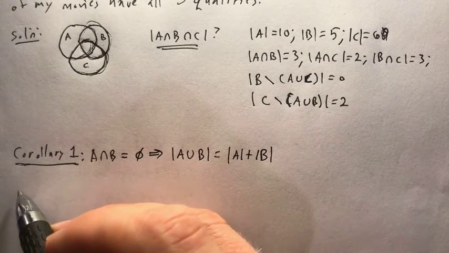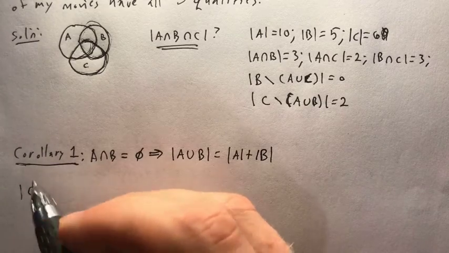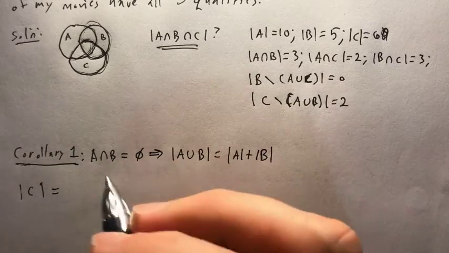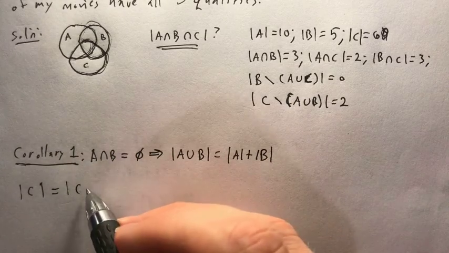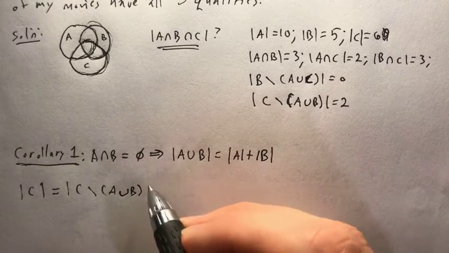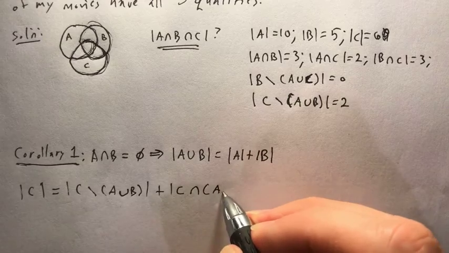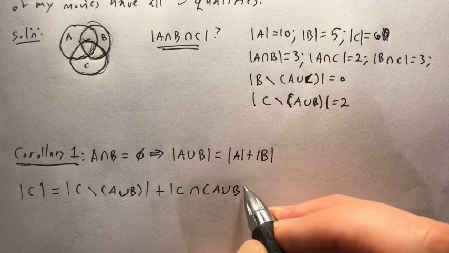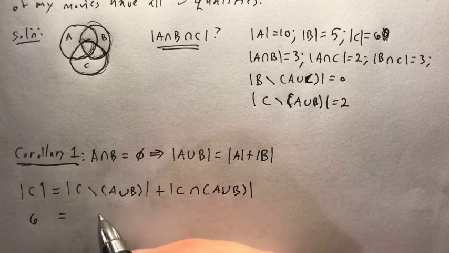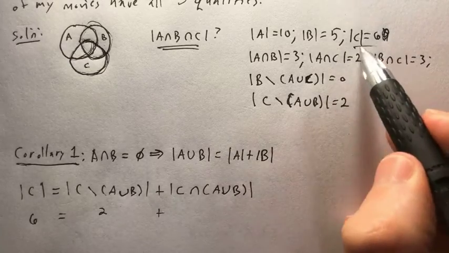I want to say, well, the size of C is equal to 6, and it's also equal to the size of C minus A union B plus the size of C intersect A union B. So I know the size of C is 6.